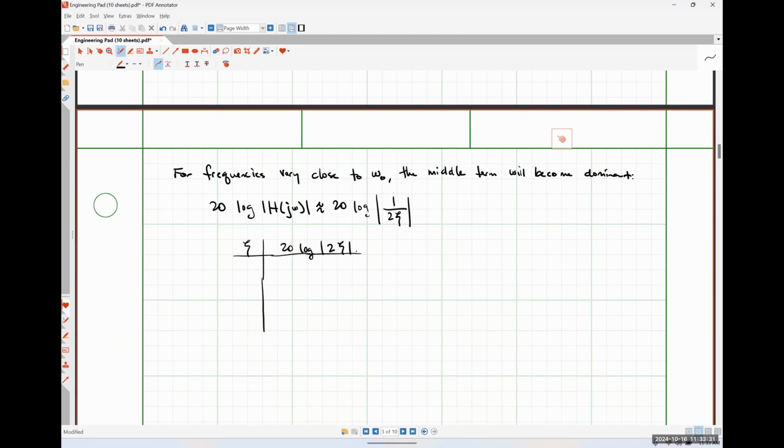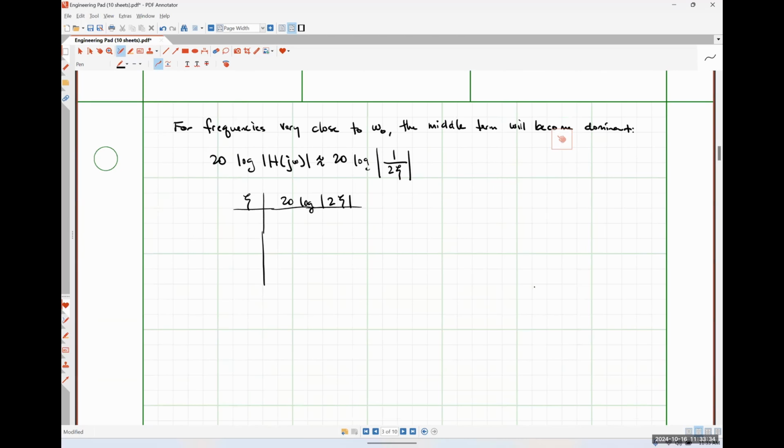So let's say that zeta is exactly equal to 1. I want you guys to throw 20 log of 2 into your calculator and tell me what you get. 6.02 dB.